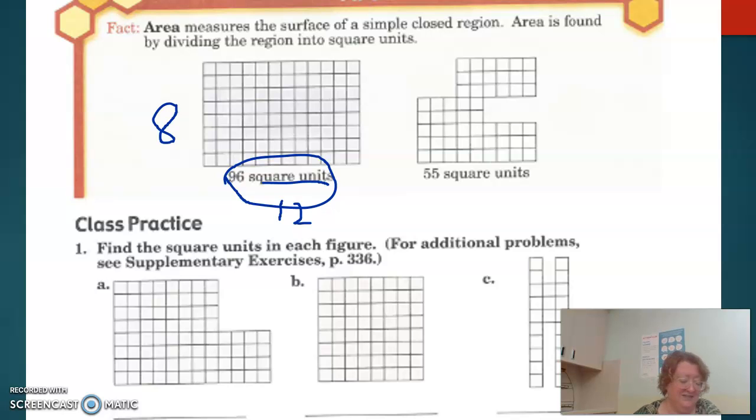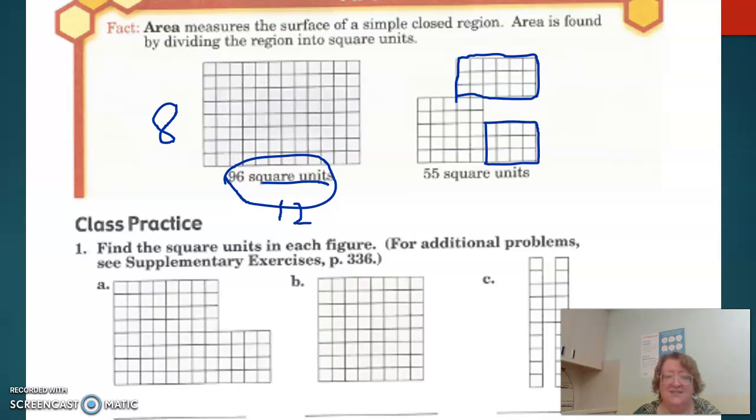Now, if you look at the shape on the right, you'll notice that it is closed, but it is closed in different areas. And so you have to mark this a bit differently so that you can figure out what it is. So what we're going to do is box the different closed shapes that are the same length and width.